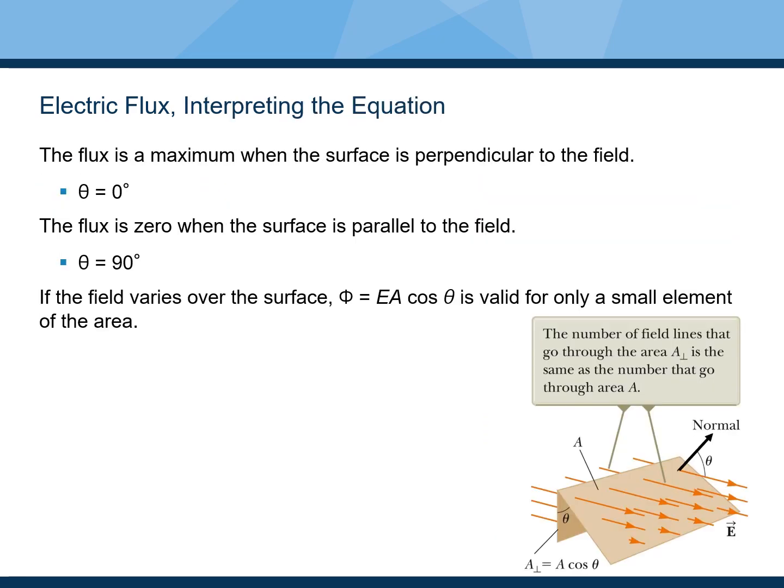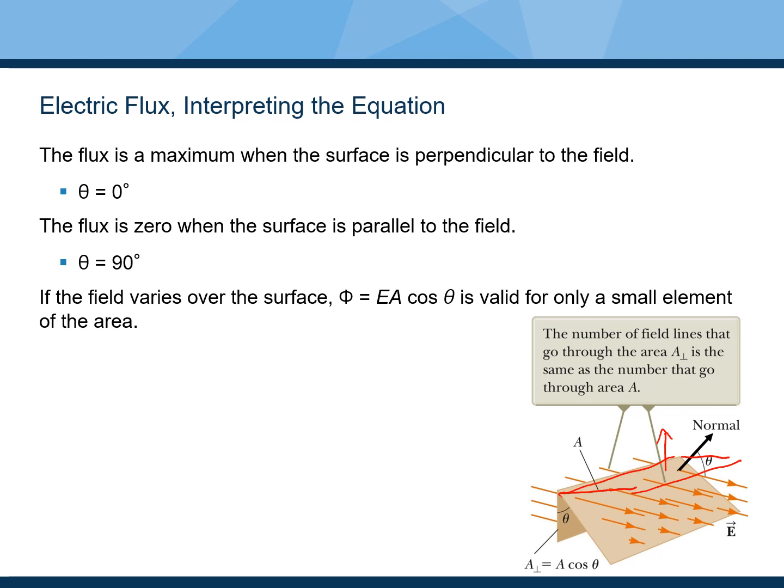Now notice that if this oblique area had been such that theta is exactly equal to 90 degrees, namely if this larger surface had been completely horizontal like so, then the number of field lines crossing through it is exactly zero. That is so because in that case, the normal to this surface would be like this, and the normal direction is perpendicular to the electric field direction.